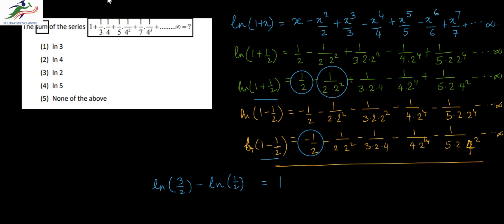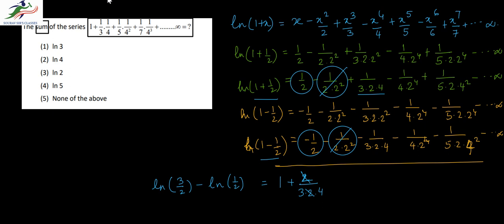Minus 1 by 2 into 2 square minus of minus 1 by 2 into 2 square will cancel out. Next, 1 by 3 into 2 into 4 minus of minus 1 by 3 into 2 into 4 means 2 times 1 by 3 into 2 into 4, which is 1 by 3 into 4.